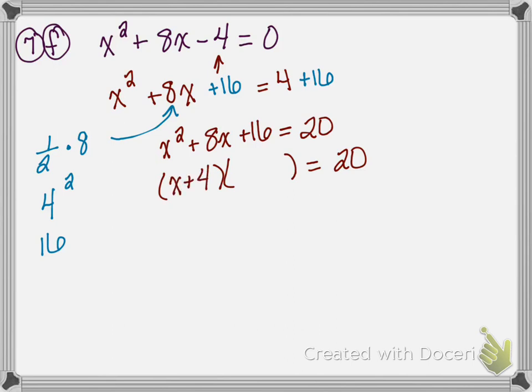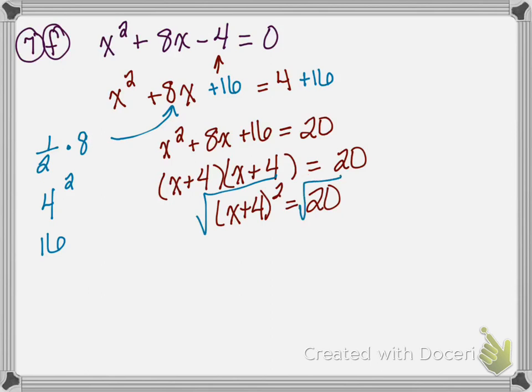So I have x plus 4 and x plus 4, and I can write that as x plus 4 squared. My next step, I'm going to take the square root of both sides. Don't forget, when you take the square root on the right-hand side, you've got to put that plus or minus in there. So I'm left with x plus 4 equals plus or minus the square root of 20.